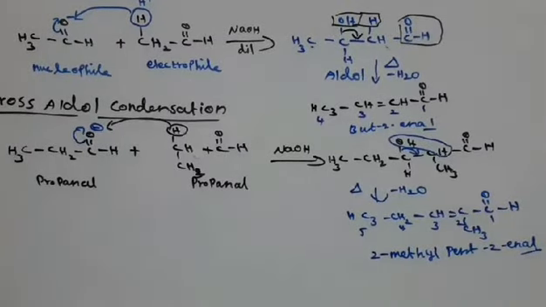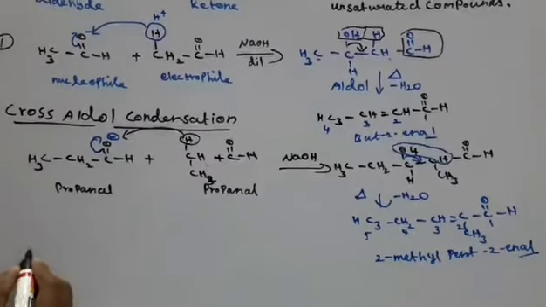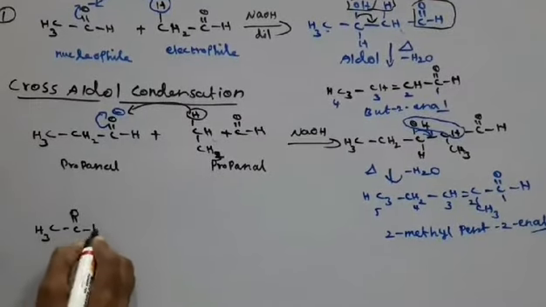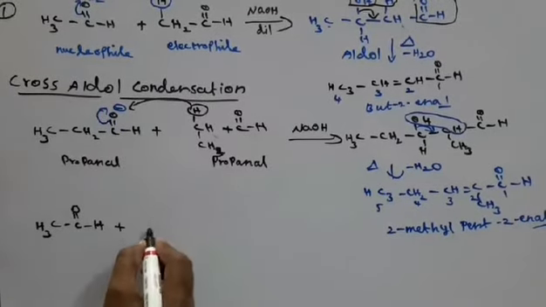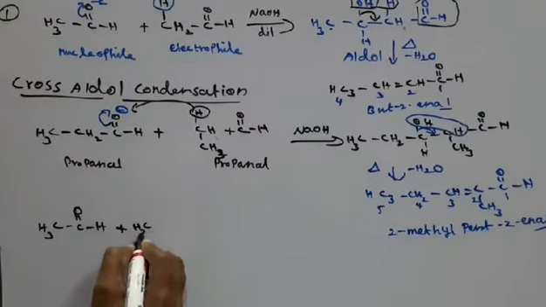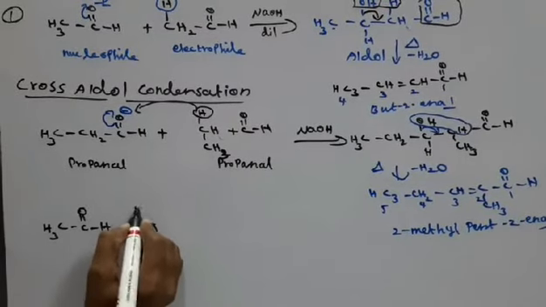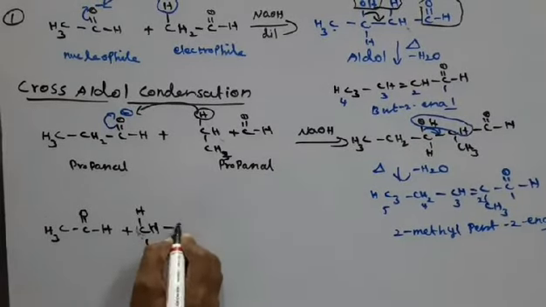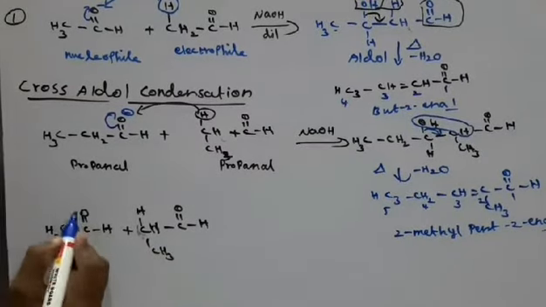So this is for another aldol. Suppose cross aldol condensation means we have to take one acetaldehyde. What is the formula? CH3 C double bond O H, this is acetaldehyde. The acetaldehyde with another aldehyde, propanaldehyde. So that is CH3 CH2, like that you have to write CH, CH3 C double bond O H. The hydrogen is shifted, same thing.